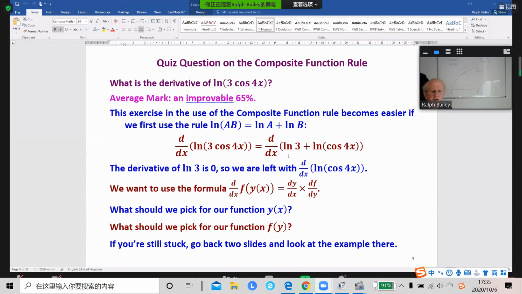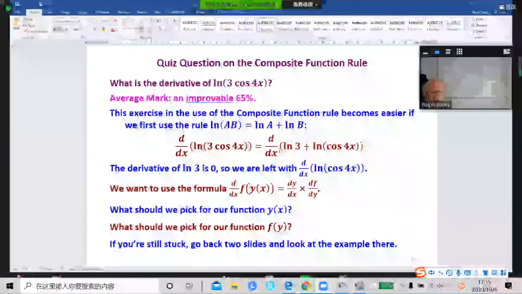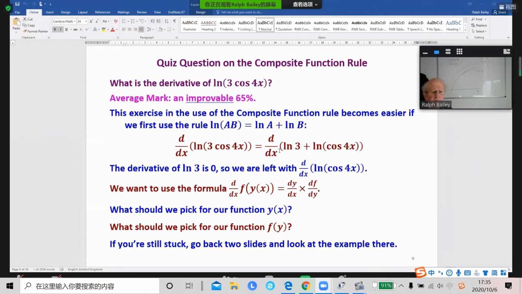But if you're not sure how to do this, first of all, use your important logarithm multiplication-addition rule. If you can make things simpler for yourself, of course, do. And that means we won't have to worry about the 3, because log 3 is a constant, slightly greater than 1. Differentiating, it's 0.